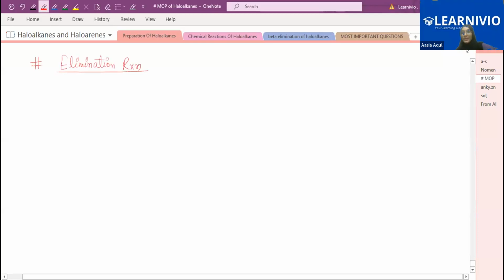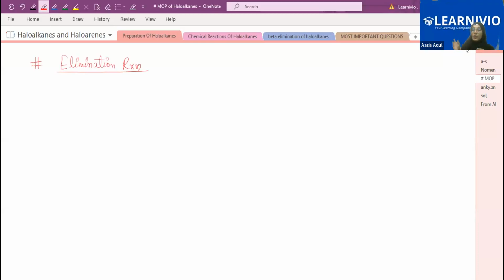So, till now we have studied about the substitution reaction. Substitution reaction में हम क्या करते थे? We just replace one group with another one. But this elimination reaction is very different from the substitution reaction.